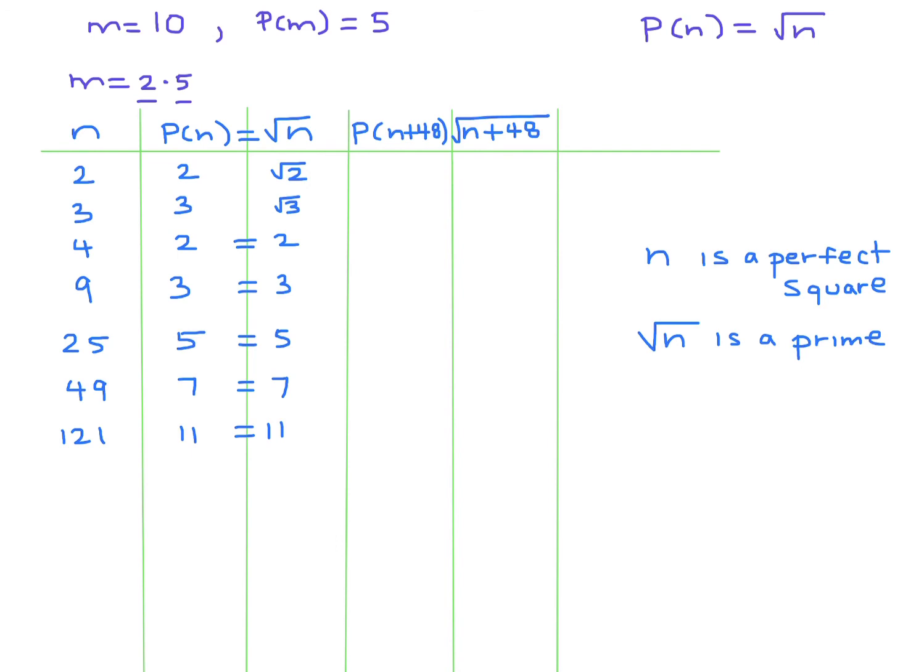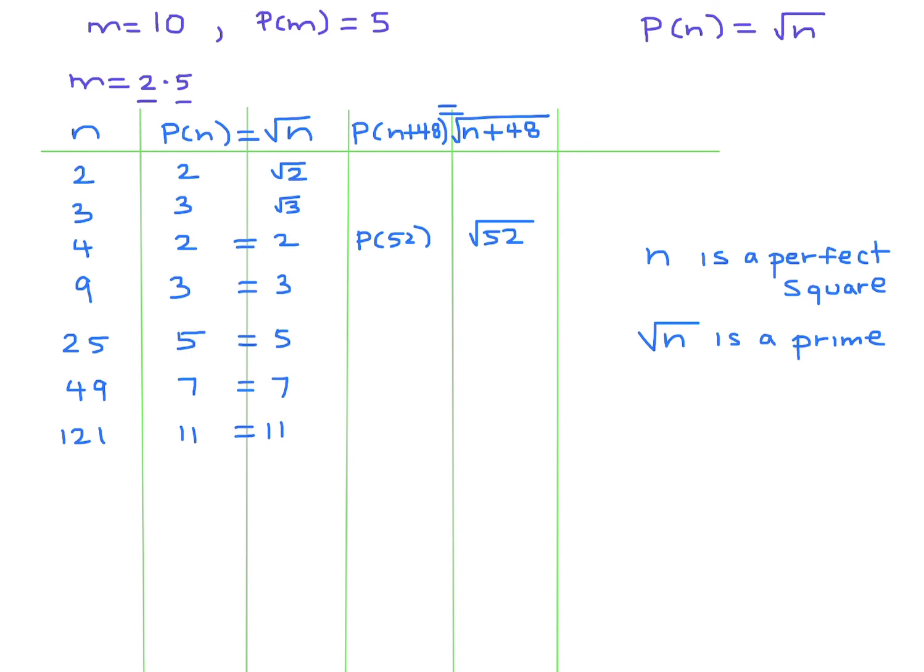Okay? So now let's turn our attention to the second part. And that is they want P(n+48) to be equal to the root of n+48. So for example, if you're using 4 for n, this would be P of 52, and this would be the square root of 52.